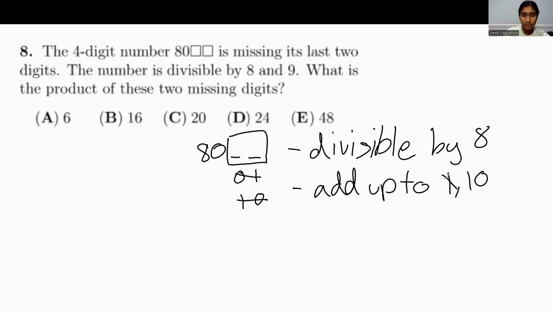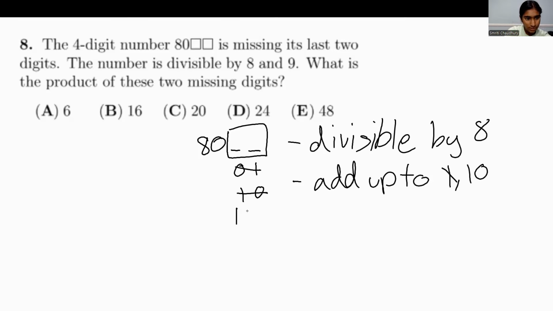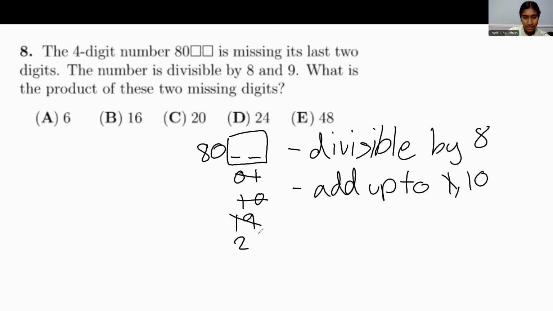Now, in order for it to add up to 10, we can have 19, but that's not divisible by 8. 28, which doesn't work. 37, which doesn't work. 46, nope. 64, which, okay, that is divisible by 8. Let's continue on, look for any other numbers.